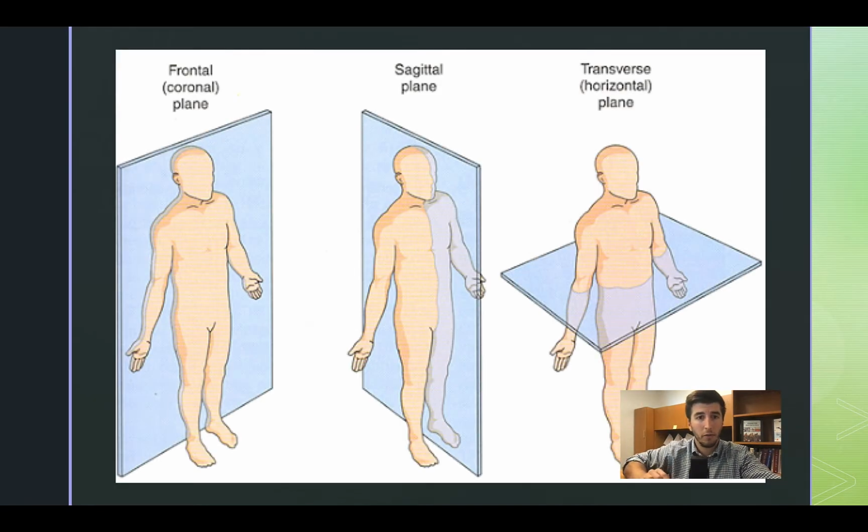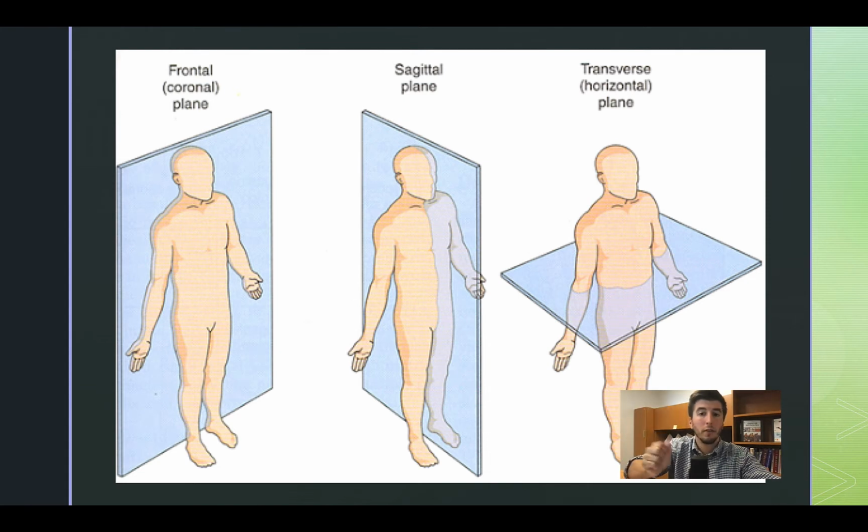If you look at this image, you can see that the frontal plane is essentially dividing the body into a front and a back. So it's running through the midline of the body, dividing us into front and back. Our sagittal plane is going to be dividing our body into 2 separate sides, a right and a left side.